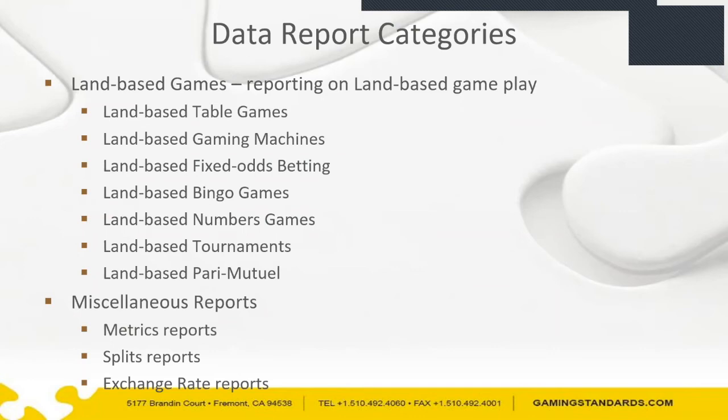Or they can do it from the game perspective, and that is, which game categories have funds in play attributed to them, and how much are they, and when do we expect those funds in play to actually be either wagered or returned to the player. So that splits report is actually interesting, and it is one that many jurisdictions really need in order to truly provide oversight in terms of money movement.